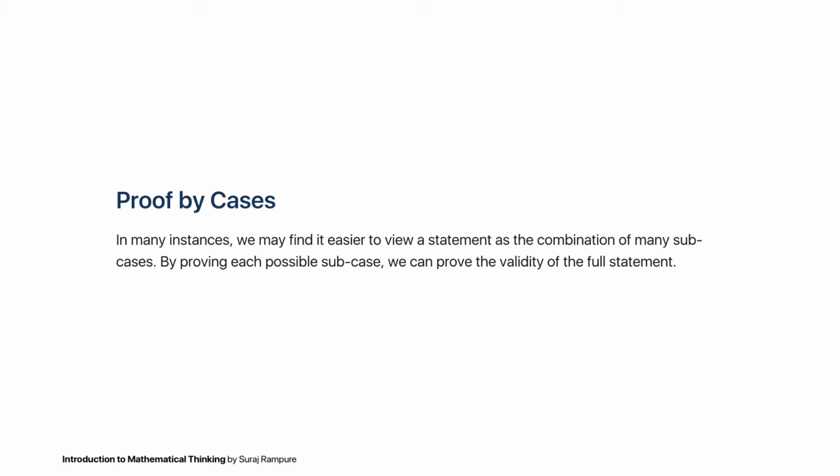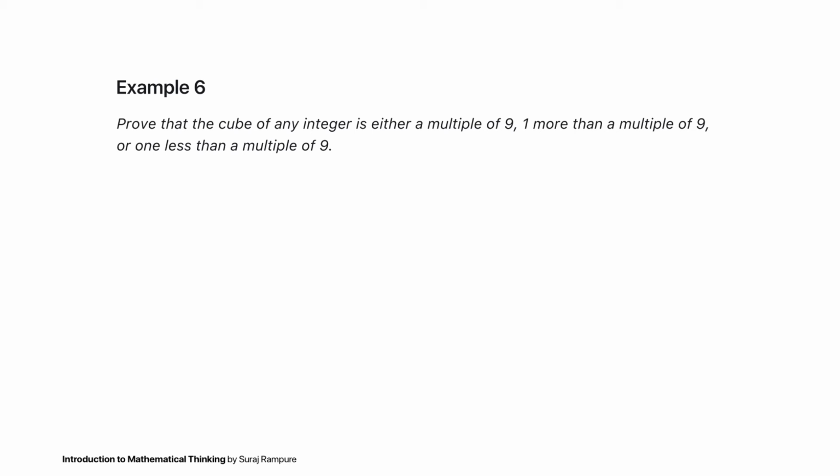We can break x up into multiple cases and show that it's true for each case. And if it's true for each case, then it must be true in general. Is that clear? That's the general premise of it. So here we want to prove that the cube of any integer is either a multiple of 9, one more than a multiple of 9, or one less than a multiple of 9.